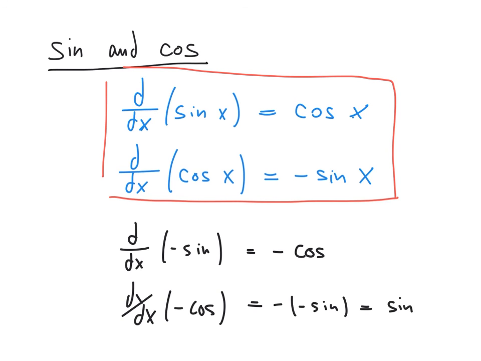So after 4 derivatives, starting from sine, you're back at sine again, right? So the first derivative is cosine, the second derivative is minus sine, the third derivative is minus cosine, and the fourth derivative is the function itself again.